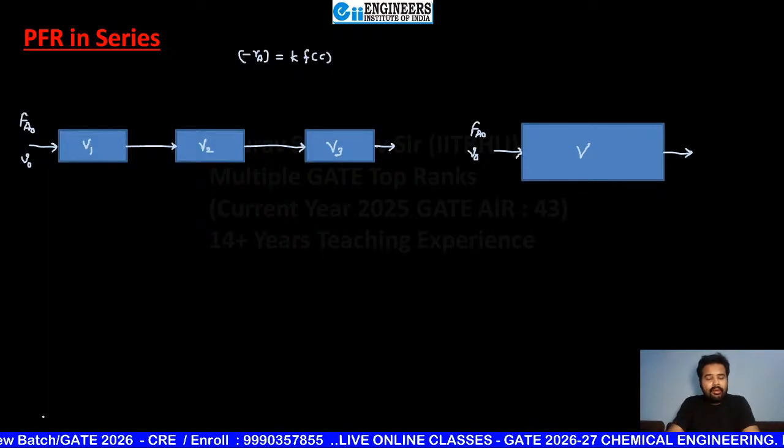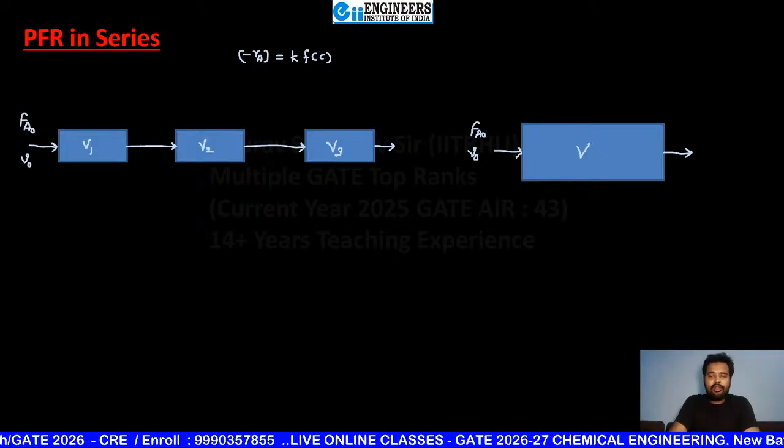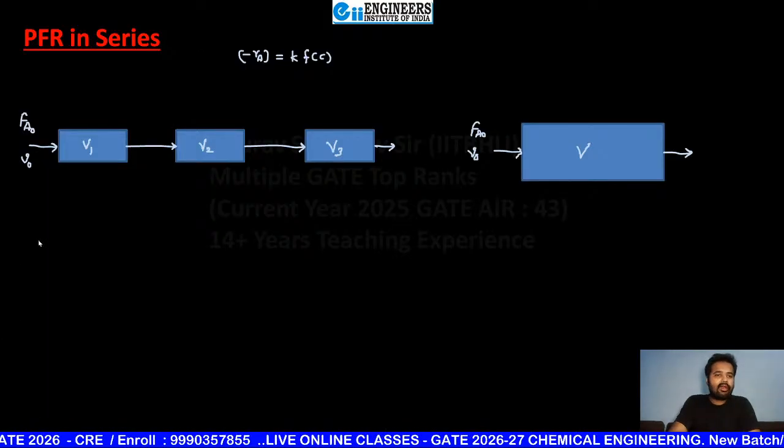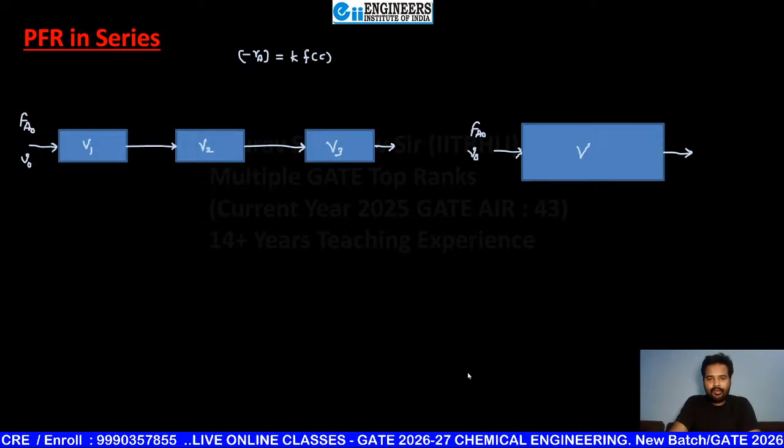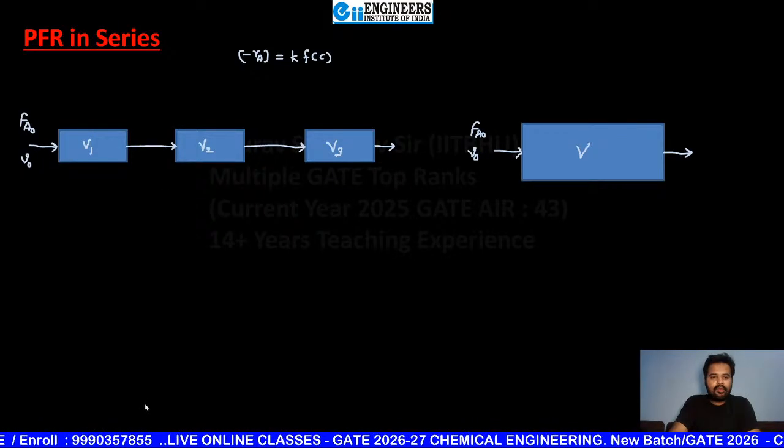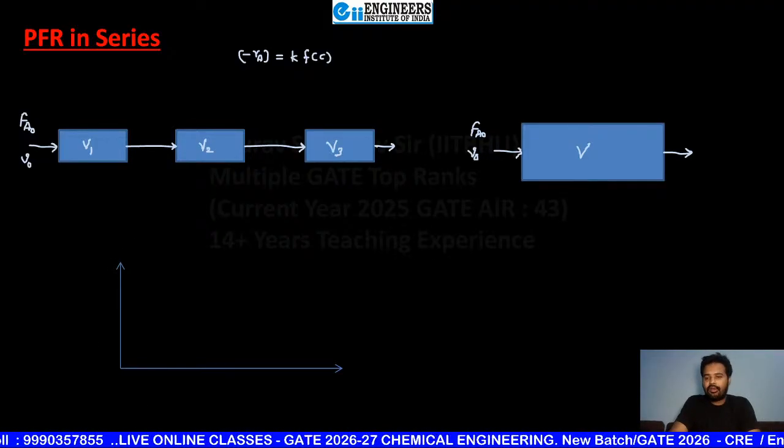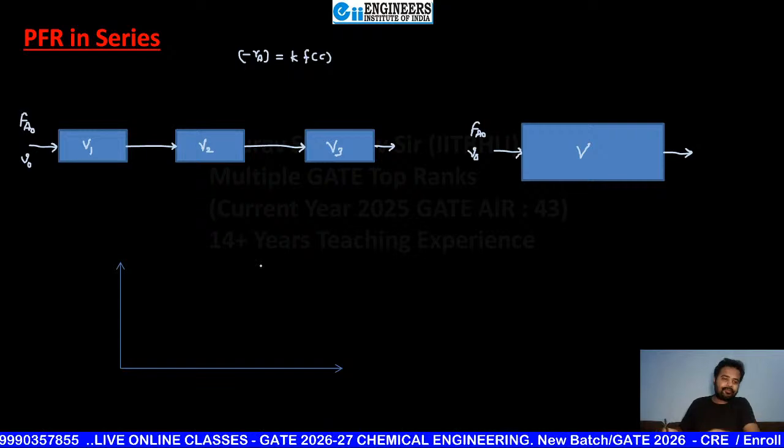Now I am going to do a beautiful analysis here. So again, we need two diagrams, beta, in a similar manner as we drew for CSTR, and both diagrams we are going to make on the same graph.